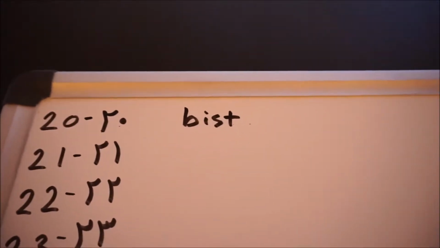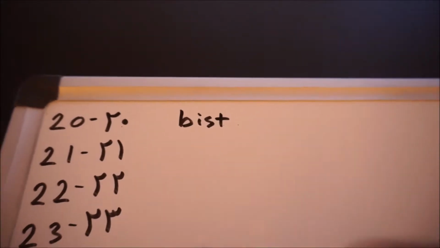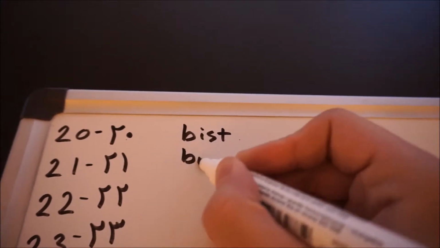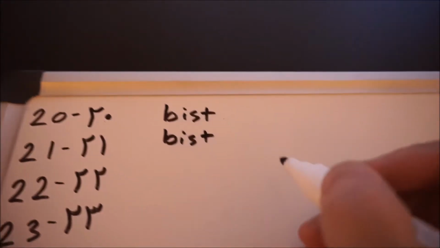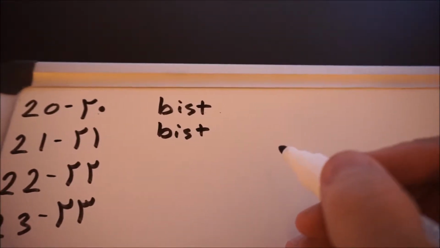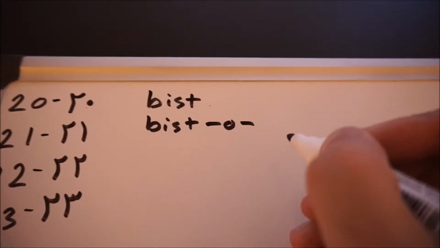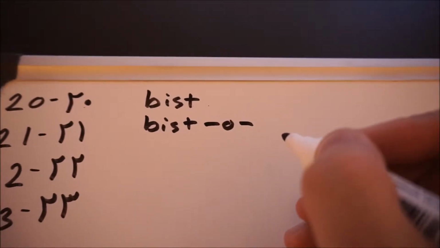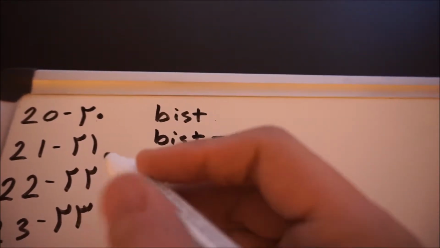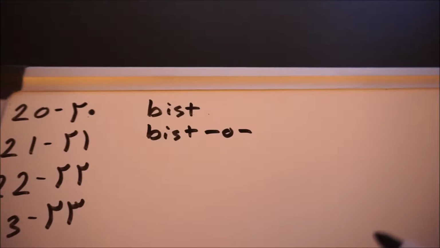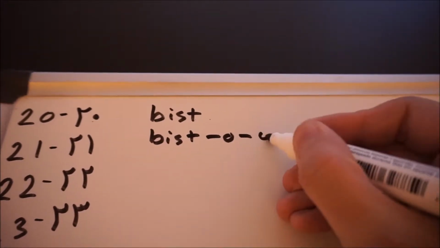So to continue from here and to make 21, we just take the 20, bist, again, and then we add the word "and", which here is shorthanded as o, so bist o, and then we take the number 1, just as we know it from the first episode, so yek.